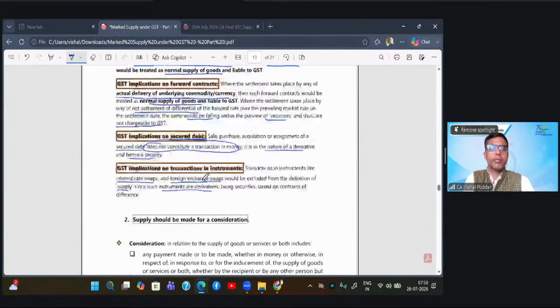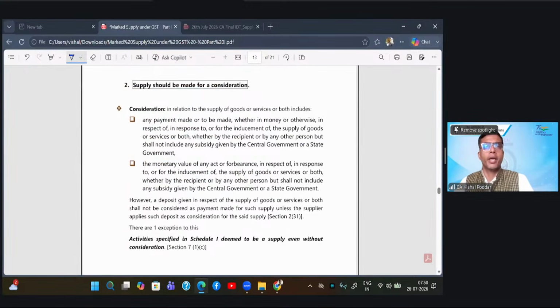Now we proceed further with the definition of supply. The second requirement is consideration. Now, when we say consideration, the question is what is consideration in relation to a particular supply? So let us say I have sold you a laptop. What will be consideration? The consideration is simply whatever you get in response, in respect, or for the inducement of the supply.